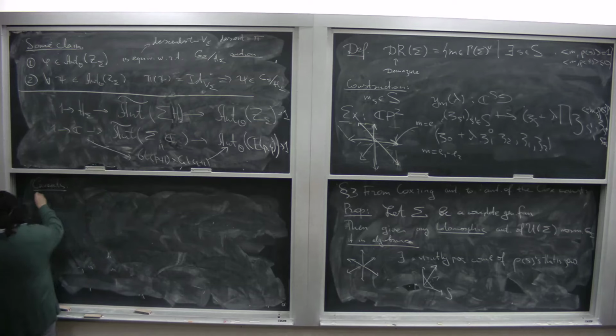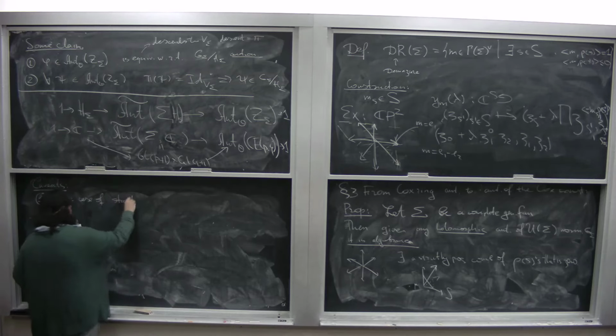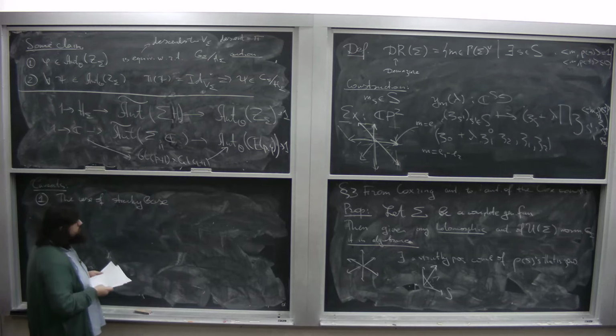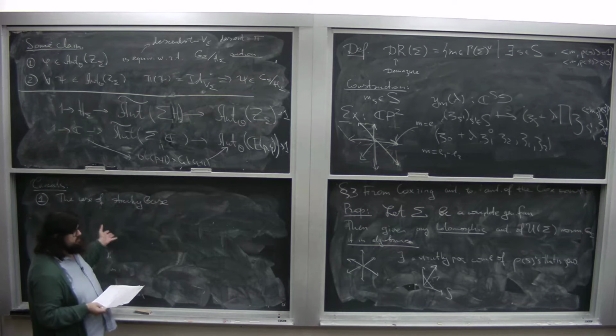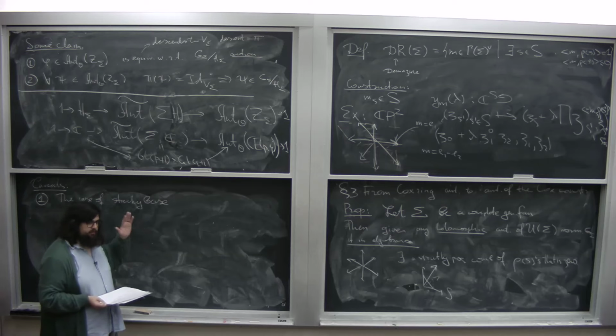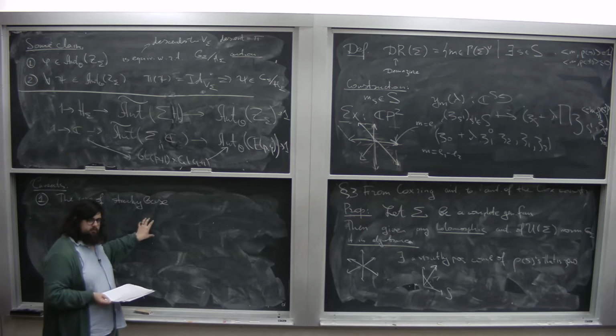Caveats. Number one, the case of a stacky base. This is not a conceptual difficulty because proving a lifting statement is sort of easy. We know what the cohomology of the base is. There exists a calculation of this, and to prove a lifting statement, you need to show that some cohomology class is fixed, and this is done similarly to how it's done for toric varieties.